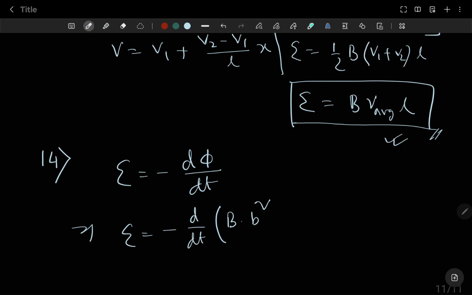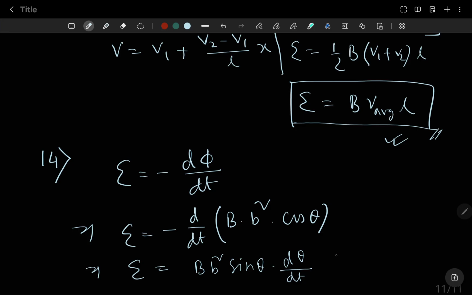Area will be the square of the square loop into, what you will write, cos theta, right? BA cos theta. Okay, so it will be B square cos theta, which will be minus sin theta, minus minus plus sin theta into d theta by dt.